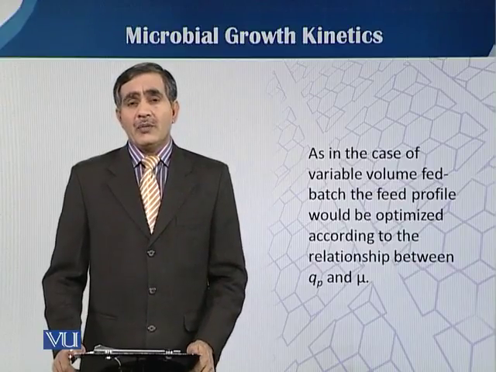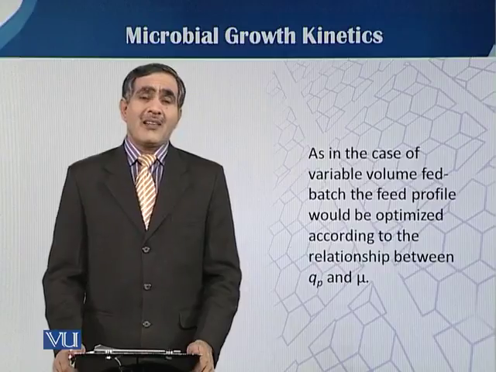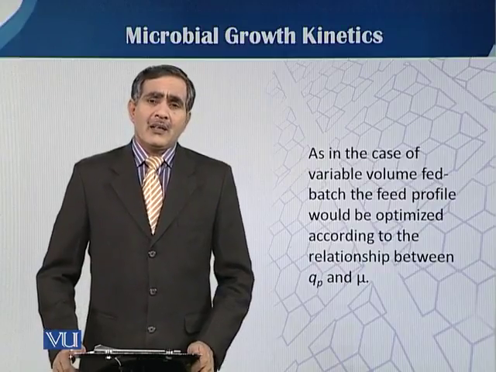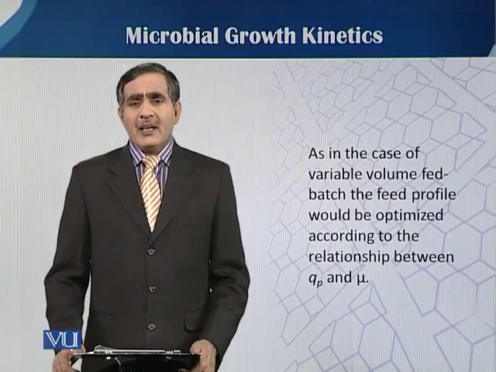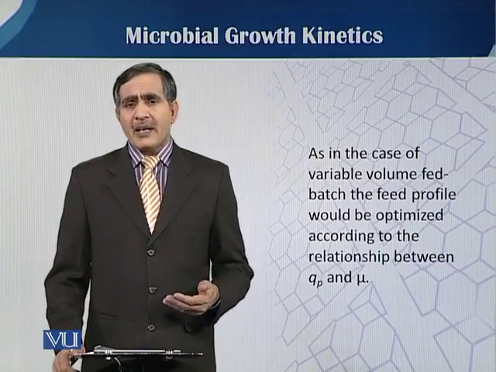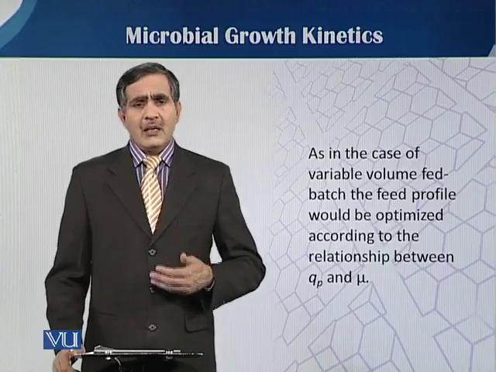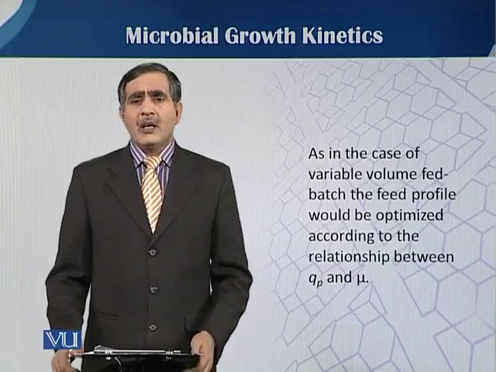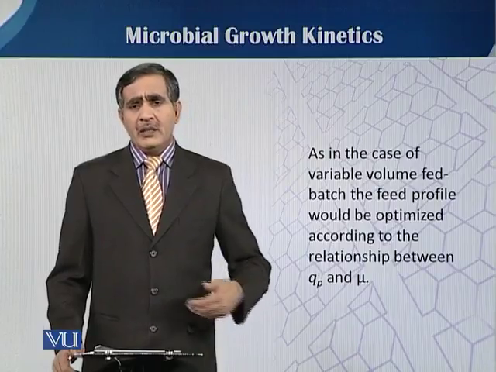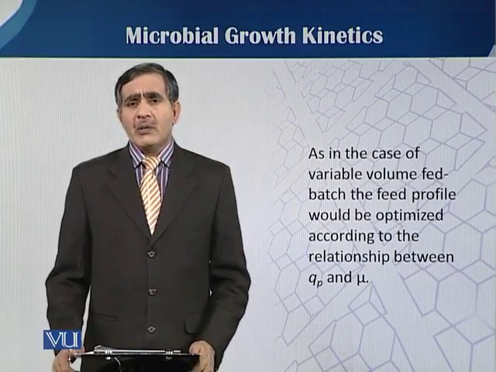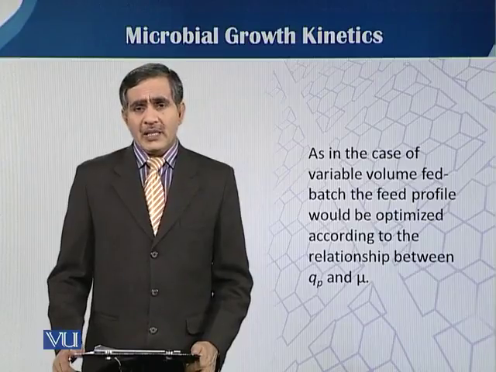So in fixed volume, when there is a constant increase in toxic secretions by the organism itself, it can create a difficult situation in maintaining mu equal to D, meaning specific growth rate equal to the dilution rate.